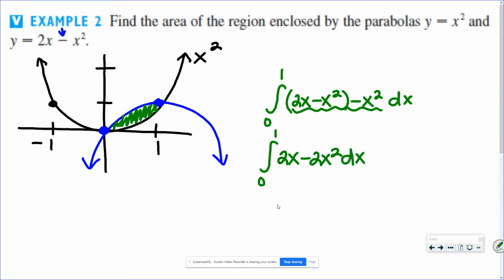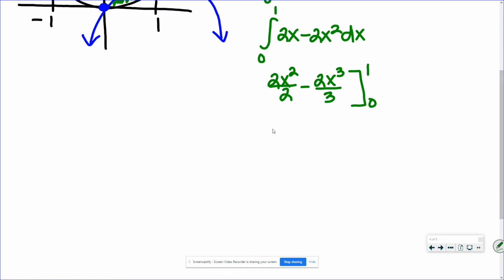And now I can antiderive. So the antiderivative would be 2x squared divided by 2, and this would be 2x to the third divided by 3. And we are evaluating from 0 to 1 on the x-axis. I'm going to get rid of these 2's, I don't need them.